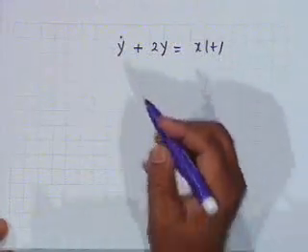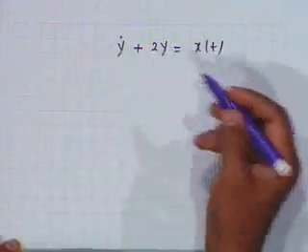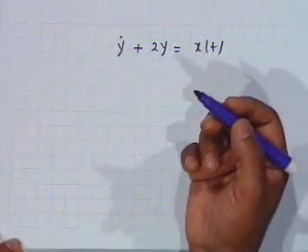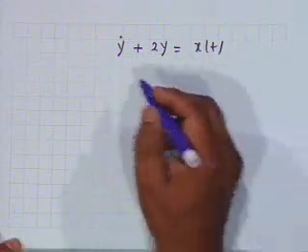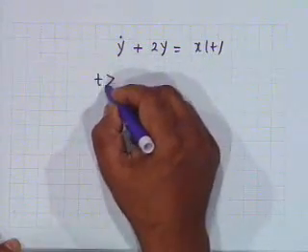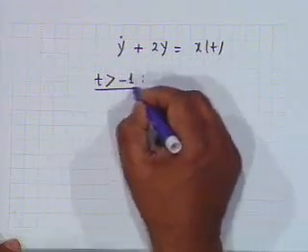You recall that our equation is y dot plus 2y equal to x of t. As usual, it has two solutions, the particular solution and the homogeneous solution. Now for t greater than -1, let's consider the solution.